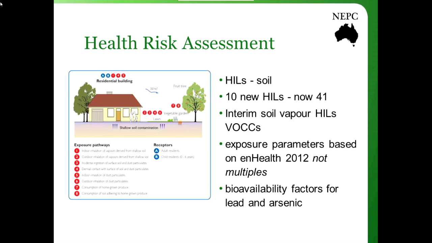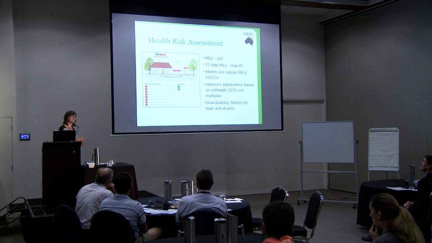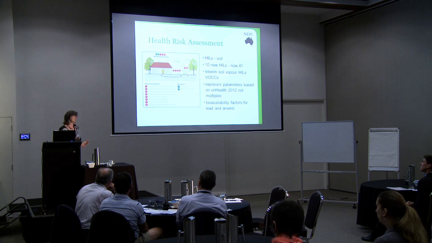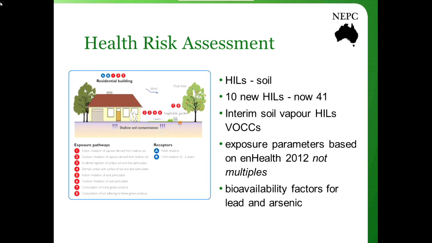What you will see is that the HILs now are not based on a multiplication factor for the different land uses. So we have 4 standard or generic land uses in the NEPM. The low density residential, same as before, high density residential, a public open space, developed open space, so not including areas of bushland, things like that, developed open space, and commercial industrial.